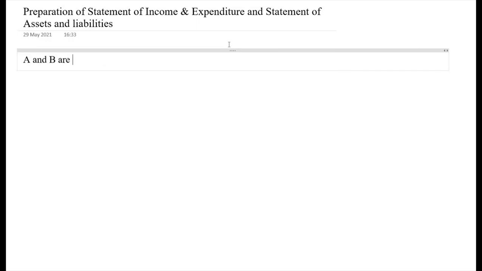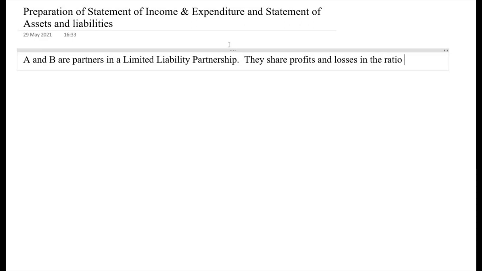A and B are partners in a limited liability partnership. They share profits and losses in the ratio of 2:1.